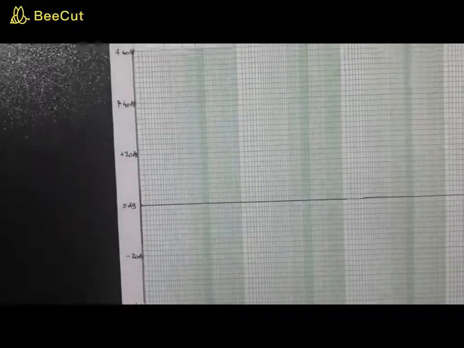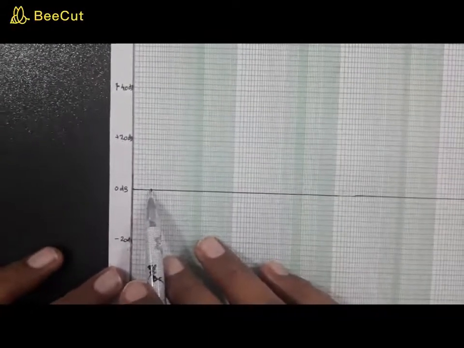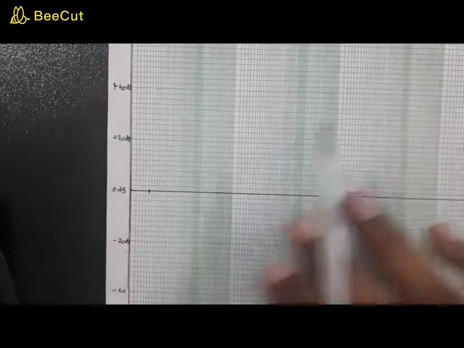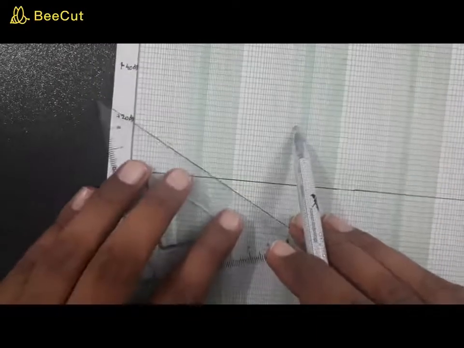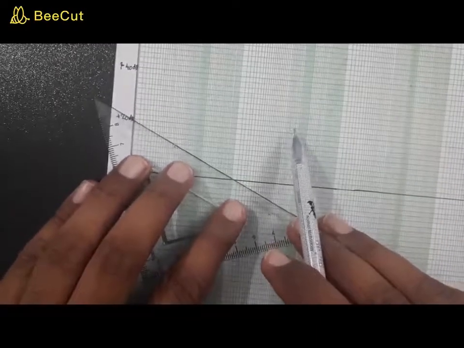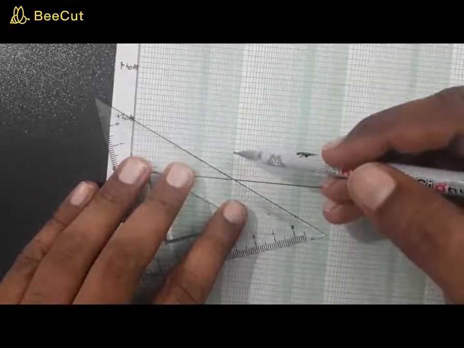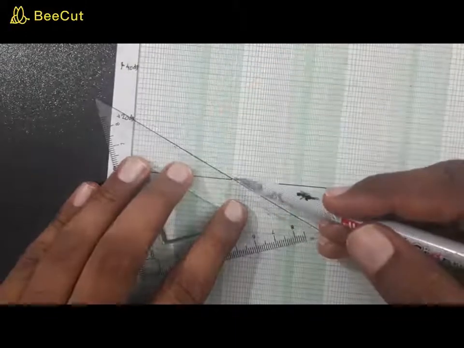Okay, so I have found that point corresponding to 1.5 on the 0 dB axis. Now how to draw the 20 dB line passing through this point? This one is minus 20 dB. Why? Because this is a decade, and as it moves through this decade, the 20 dB falls to 0 dB.